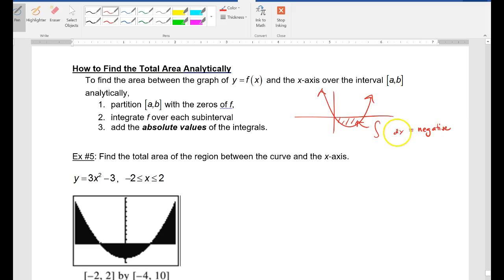So if we want to figure out the area between the curve and the x-axis, we want to make sure that that region stays positive. So we want to partition it. Let's say this is from A to B, we would want to make sure that we take the absolute value.